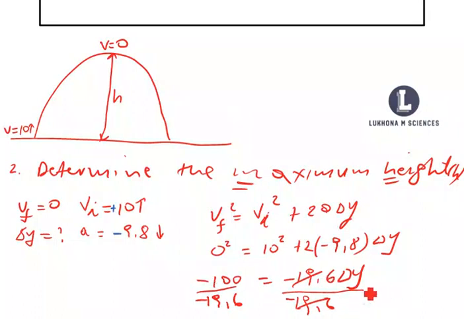Then we get dy, which is equal to, let's press the calculator, 5.10 meters. We are not calculating the displacement, we are looking for the height. Therefore the maximum height is 5.10 meters. Then we are done with the height.